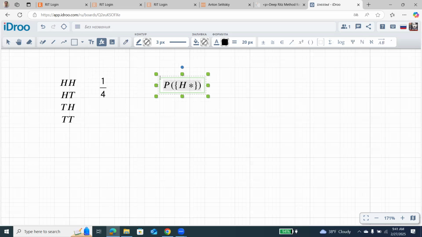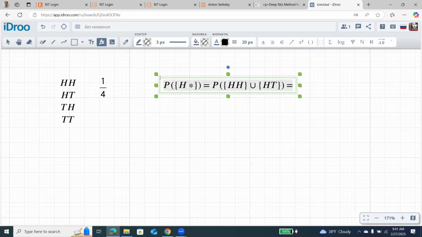And to write this mathematically, we can write that it's the probability of the union of two events, of the event heads-heads and of the event heads-tails.